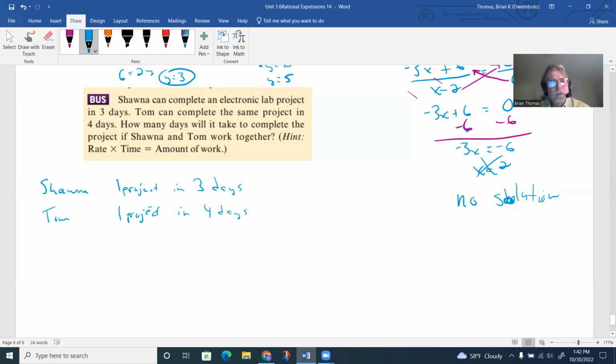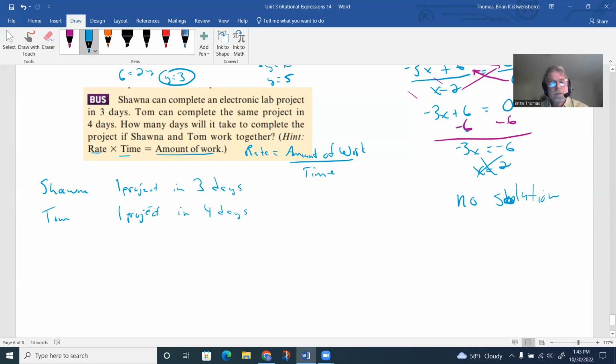So what we have is this formula that says rate times time is equal to the amount of work. Well, it looks like the amount of work is the project. That's what was actually done. And 3 days represents the time. So if I divide both sides by time, my rate is going to equal the amount of work divided by the time spent on the job.